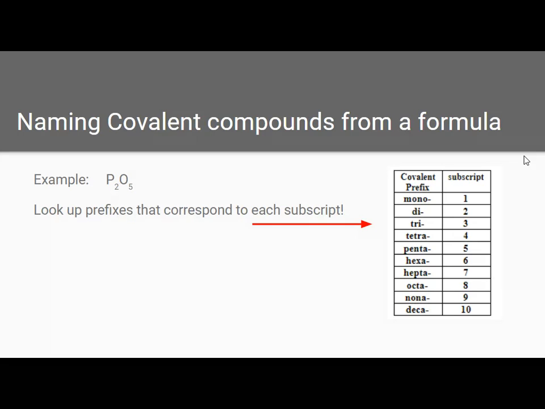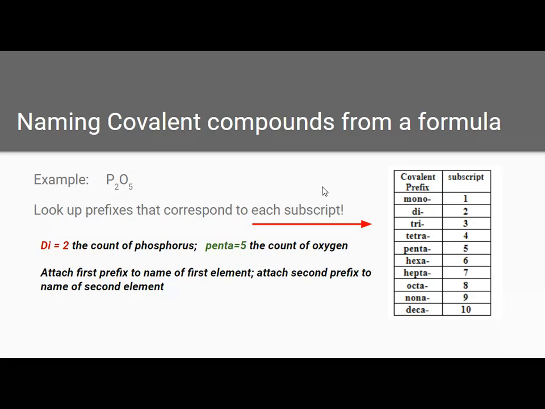Okay, I want to start off by giving you an example of naming a covalent compound from a formula using the example chemical compound P2O5. The first thing you would do procedurally is to look up the prefixes that correspond to each subscript. The subscript of 2 on phosphorus corresponds to the prefix di, which represents the count of phosphorus in this compound.